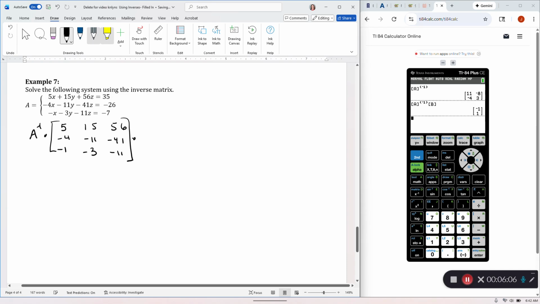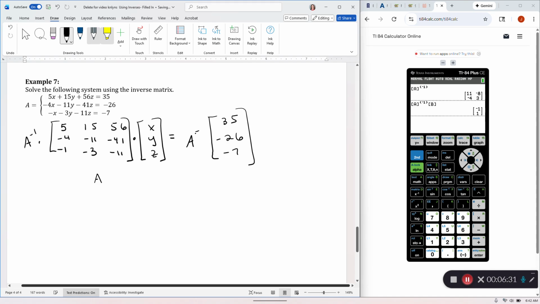And actually, before I write this down, this is x, y, z. And it equals 35, negative 26, and negative 7. Now, this is my matrix A, so I need to find the inverse matrix and multiply it here.